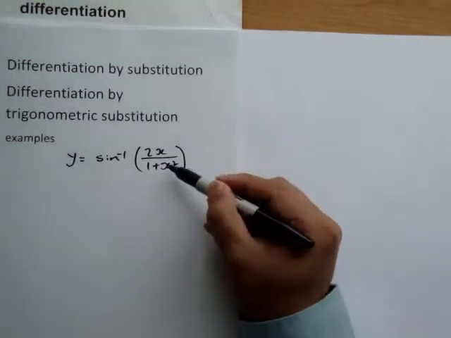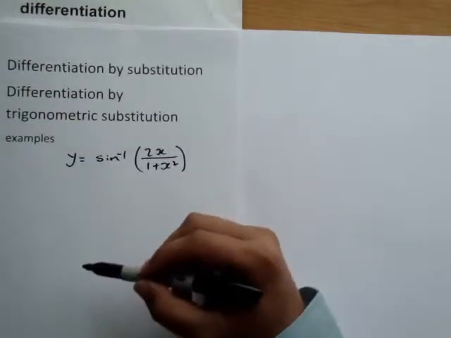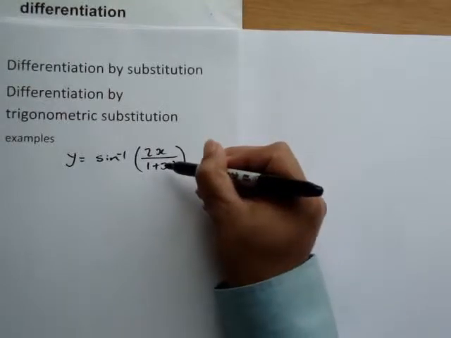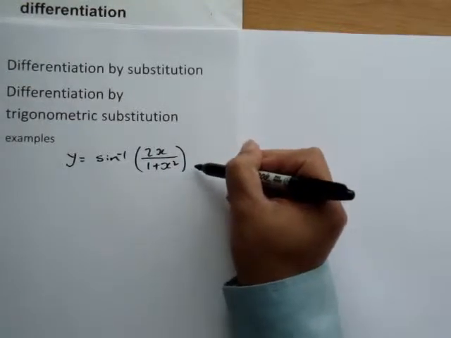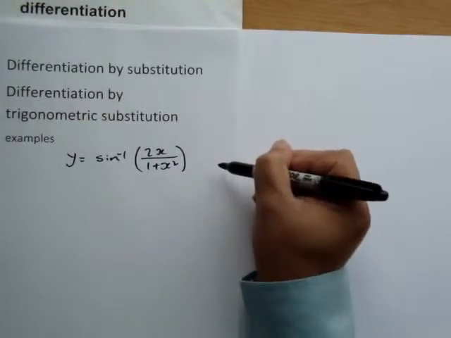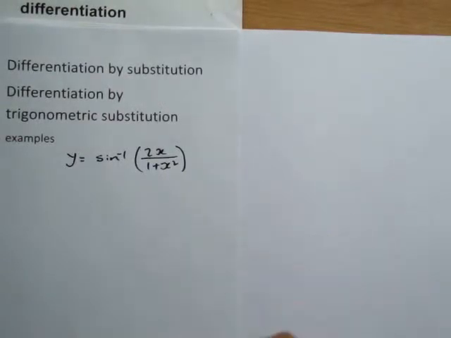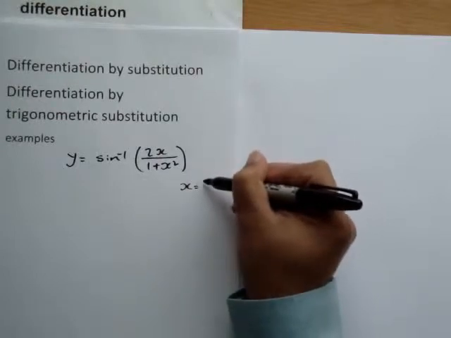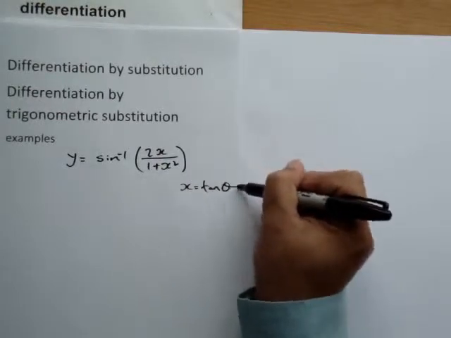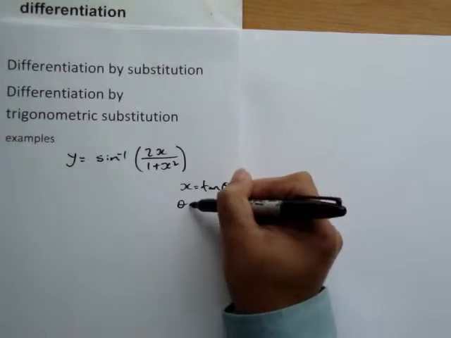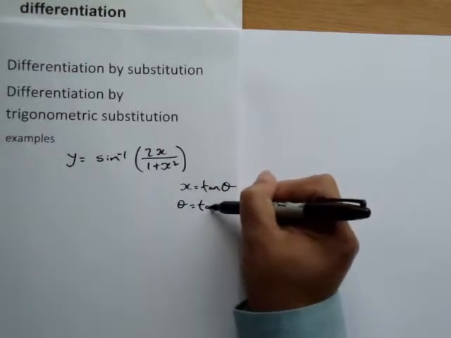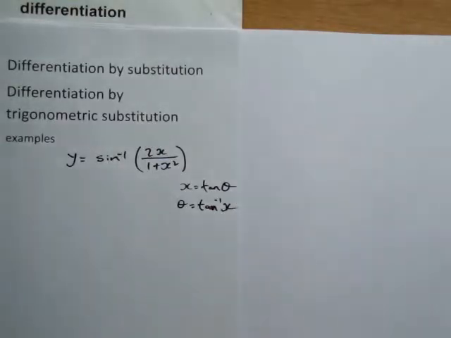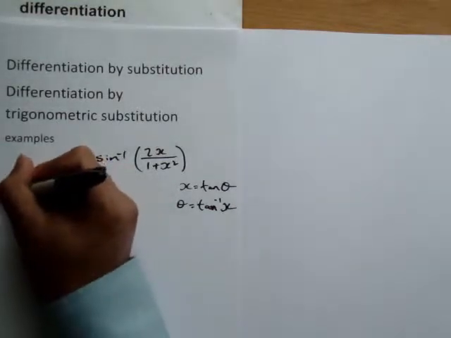So from 1 plus x squared, as we did previously, usually we use tangent: a squared plus x squared, x equals a tan theta. So x equals tan theta, and theta equals inverse tan x. Now we do the substitution.